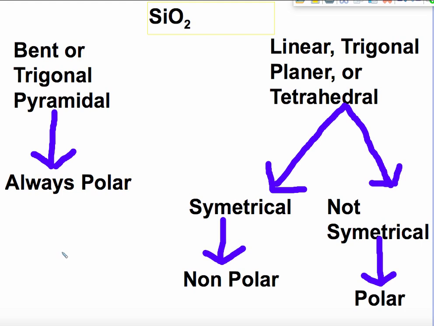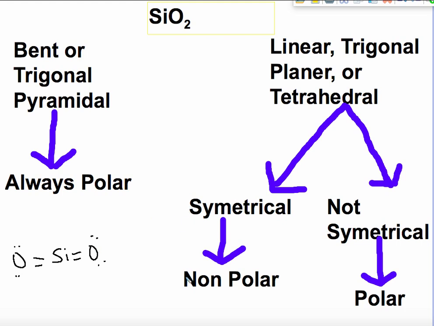Okay, SiO2. So if you were to draw SiO2, silicon would go in the middle. It's going to be double bonded to oxygens like that, and then you'd have the lone pairs. And so you would have 2 domains, and so you would see that that's linear. So SiO2 is linear. Then for linear ones, you're just looking and saying, okay, are the 2 things on the outside, are they the same?